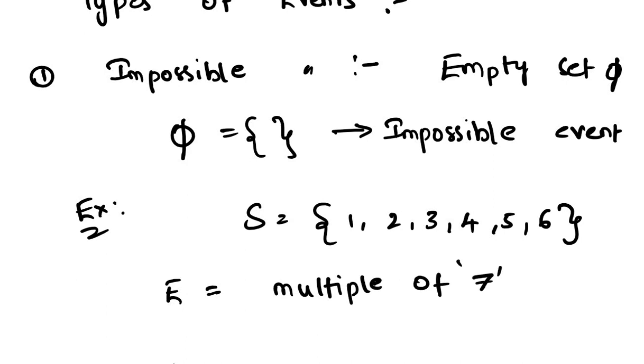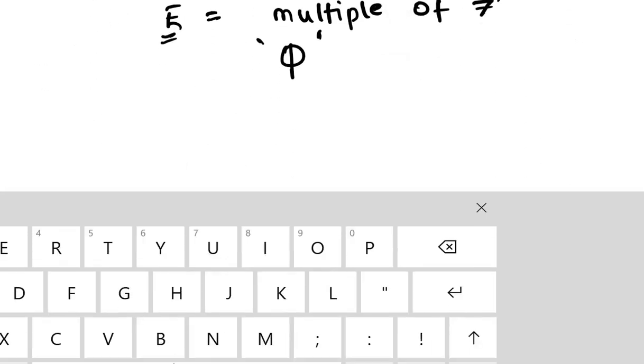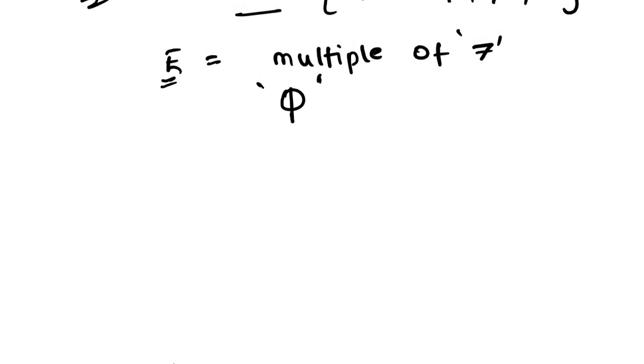This is the event required. Can you write the subset associated with the event, which is a subset of S? Phi. There is no element matching with the subset, so it is phi. This is called an impossible event.